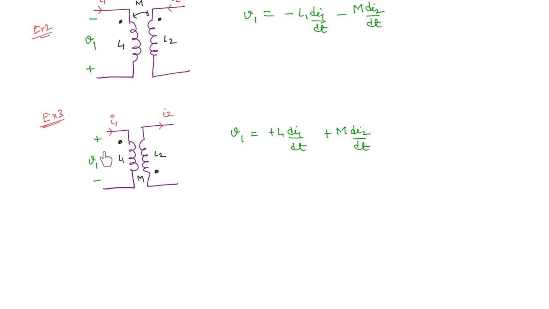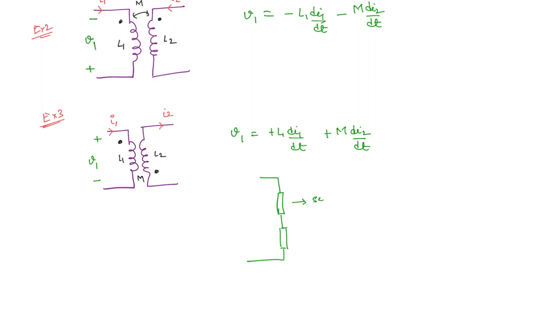The voltage induced across the coil will be the sum; both these voltages will be present. Because of self inductance there will be a voltage induced, and because of mutual inductance also there will be a voltage induced. So if you take the first coil, you can write the induced voltages in this manner.